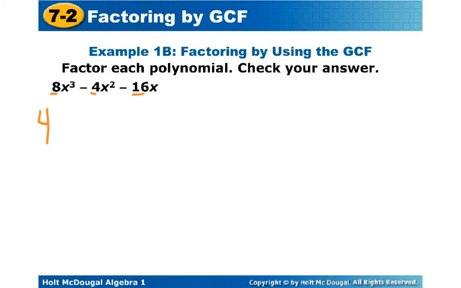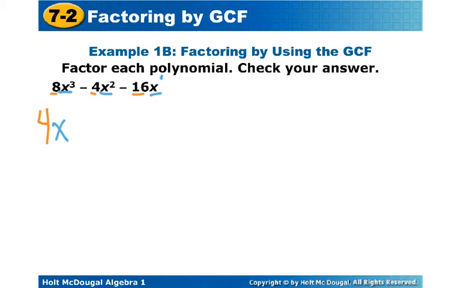So that means 4 is going to have to be part of your GCF. Now, you have these variables of x cubed, x squared, and x. And remember at the start, I told you guys that you always take the lowest exponent value as your GCF. So out of these, x would be the lowest one because it's really raised to the first power in this case.